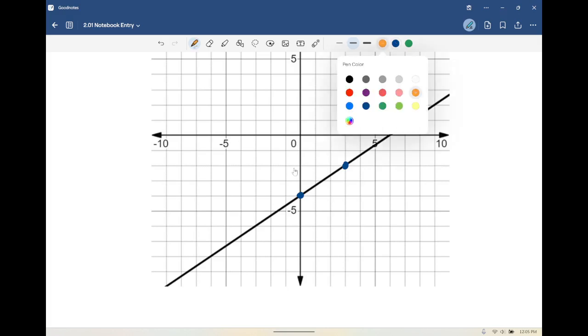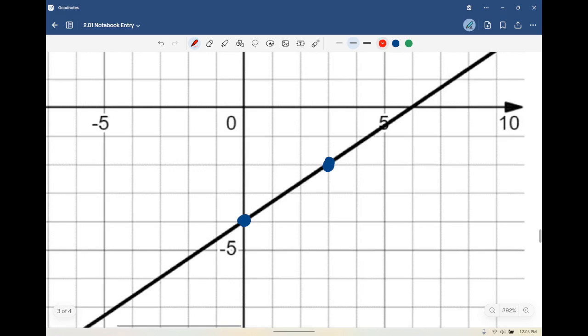What I want to be clear of is how I'm choosing my points. The points I select should fall cleanly on a crosshatch of the grid. And so, for example, this right here, trying to use this, that is what I would consider a bad point. That is not something we want to use.